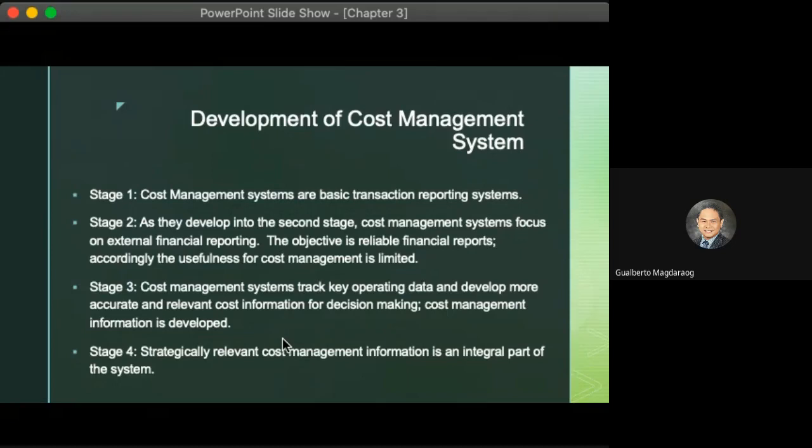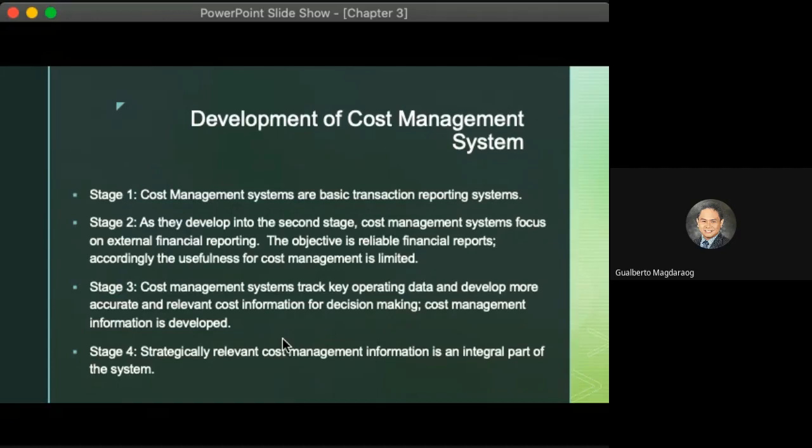So, if that is the case, dyan sa stage 1 na nakikita ninyo sa slides, cost management system are basic transaction reporting system. We parang quote na this is already a cost management system na more on generating transactional reports only for us to comply sa mga government agencies.